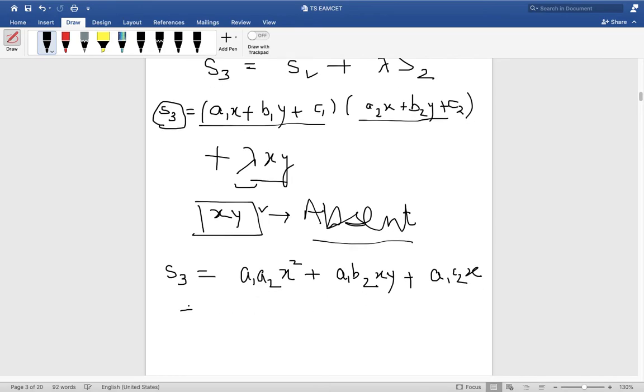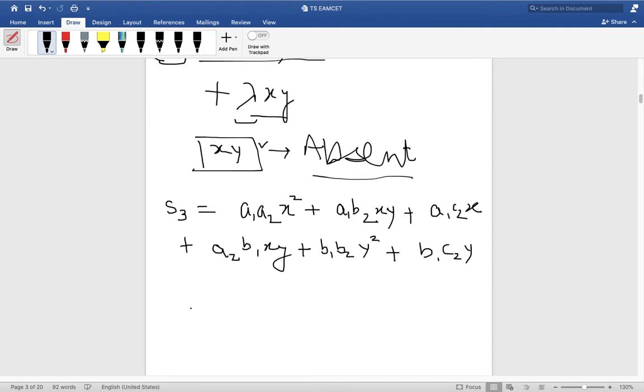I will also get a2 b1 xy plus b1 b2 y square plus b1 c2 y.